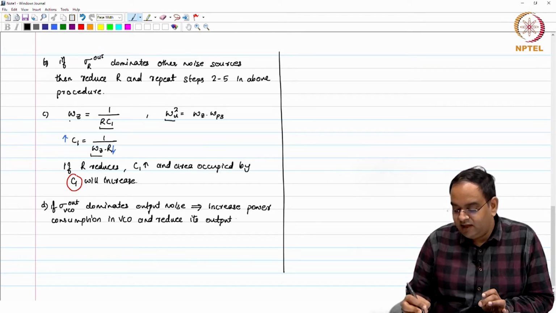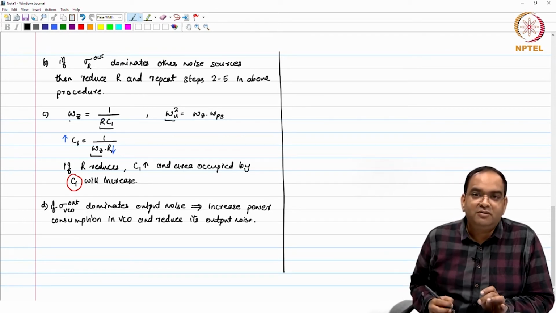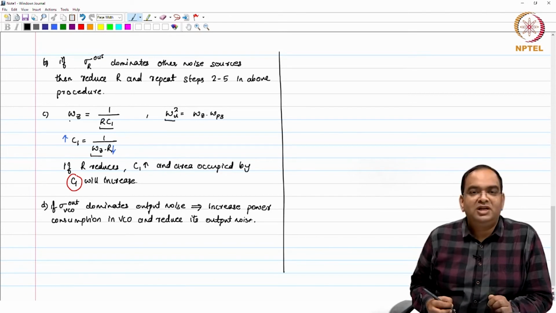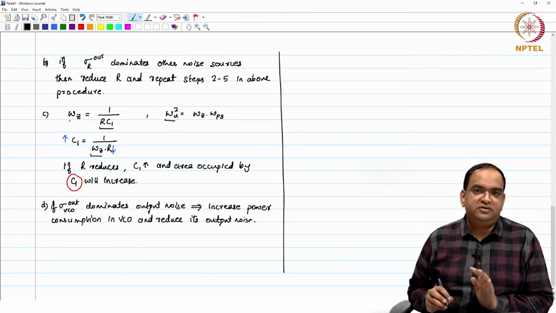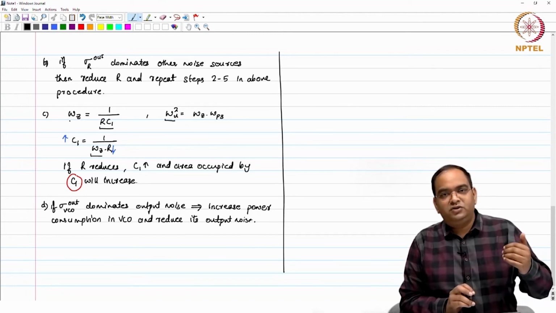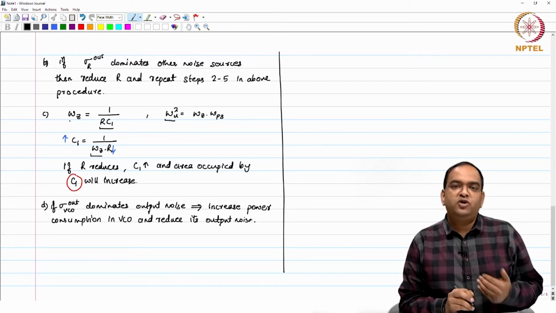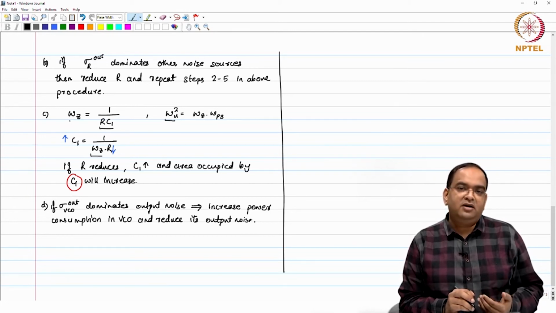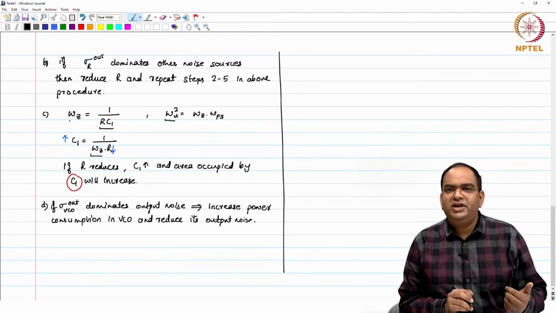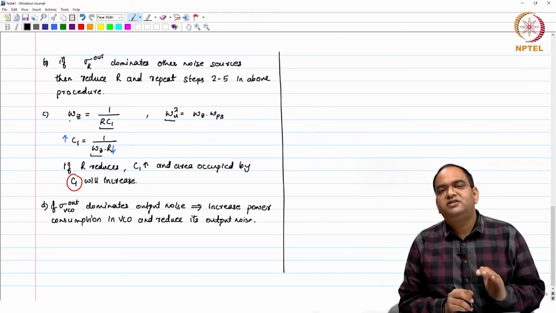Okay. This is given that the oscillator which you are using is one of the best designed oscillators. It is not a lousy oscillator where you still have margin for improvement of noise. So, to begin with we designed a good oscillator, and the only way to reduce its output noise is to increase the power consumption.